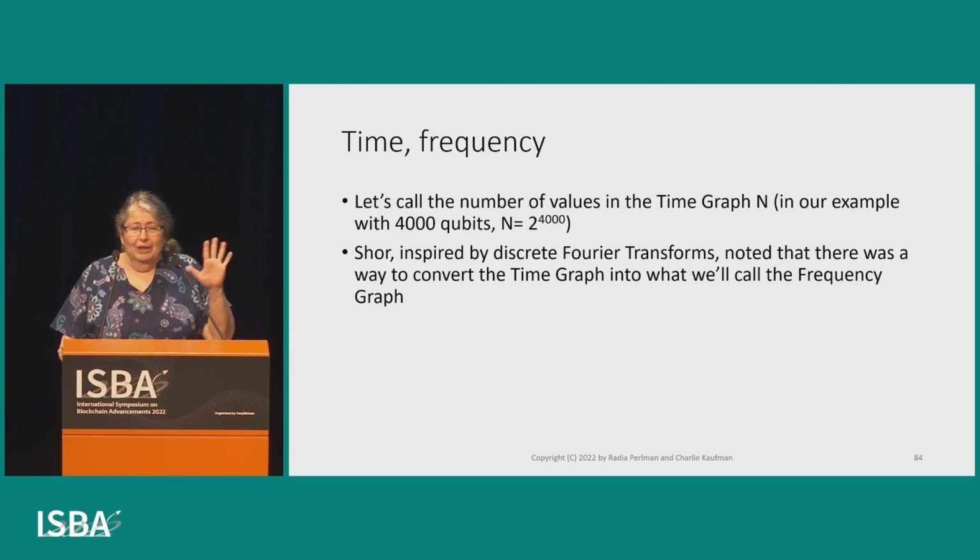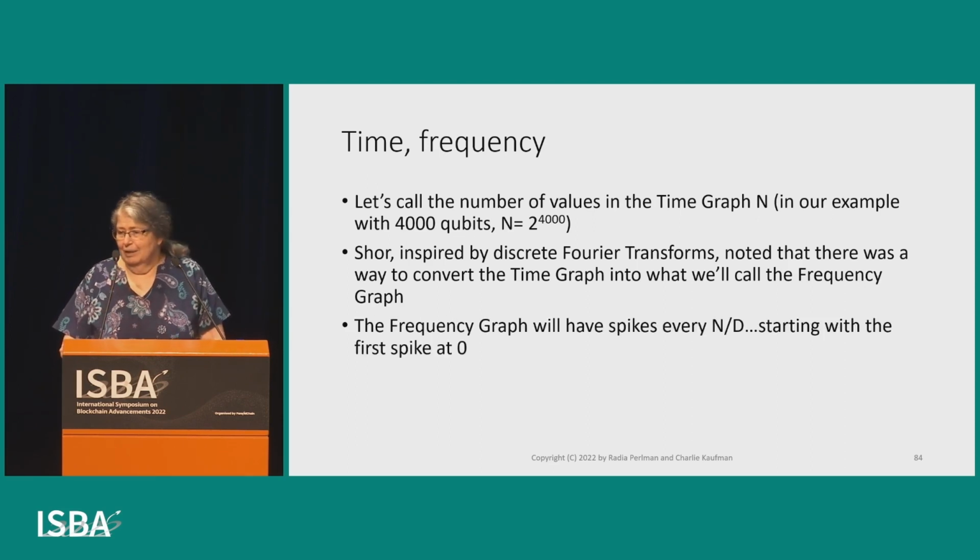and Shor was inspired by Fourier transforms. He noted that there was a way to convert the time graph into what we're going to call the frequency graph, which is kind of the inverse of the time graph. So the frequency graph will have a spike every n, which is 2 to the 4,000, over d.